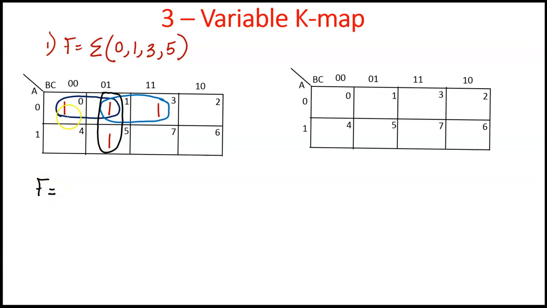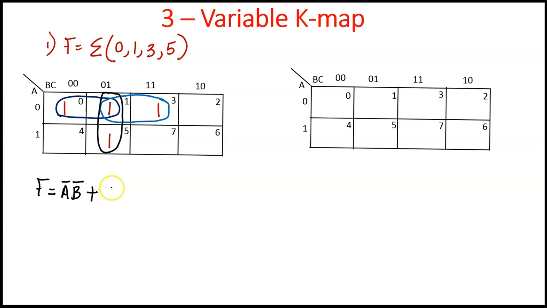For the first group, here A is not changing, therefore A bar, whereas B is not changing and C is changing, therefore B bar. In the second group, A is not changing, B is changing and C is not changing.